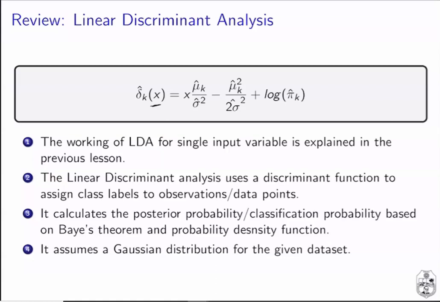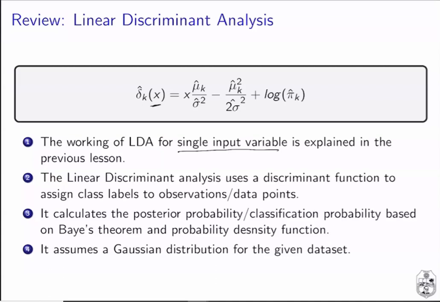The algorithm works only when a single input variable is present, and I explained the working of the linear discriminant analysis algorithm with the help of a coronary heart disease dataset.